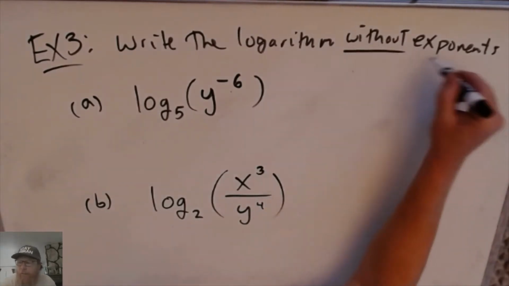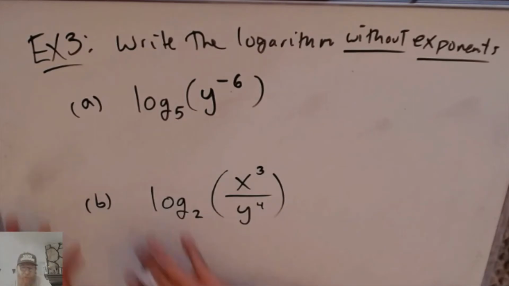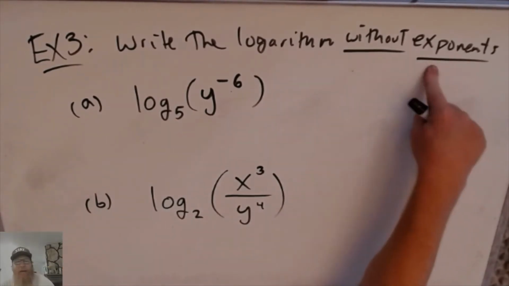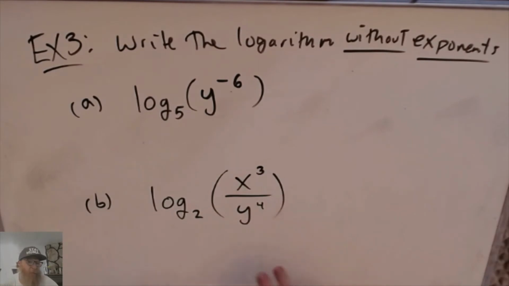So rewrite the expressions without exponents. Now, it's not as if the exponents go away. They never really go away. They just move to a different location. So when I say without exponents, I mean without being in the exponential position. That's really what I mean. I don't just mean delete the exponent. That would be ridiculous, right?